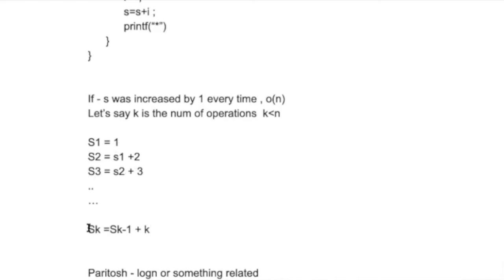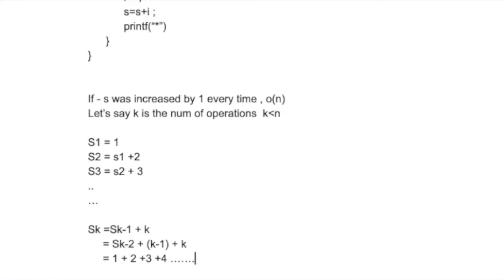And s of k minus 1 I can again break into s of k minus 2 plus k minus 1, right? And s of k minus 2 again I can break down into s of k minus 3 plus k minus 2. If we keep on moving like this, it will ultimately be broken into a series like this: 1 plus 2 plus 3 plus 4 dot dot dot till k.